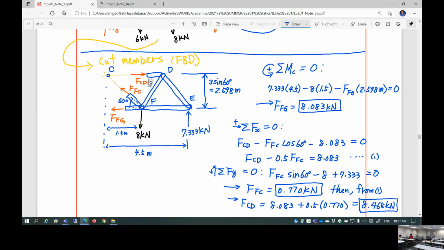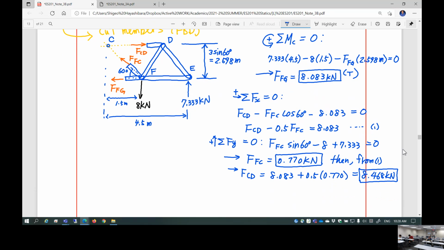Okay. So now you got all three internal loading, and obviously I got all positive values because I kind of knew the original direction. But if you have no clue about original direction, you can guess the direction. If you get the negative sign, of course, the original guess is flipped. So FFG, obviously, this is tensile. FFC, this is tensile.